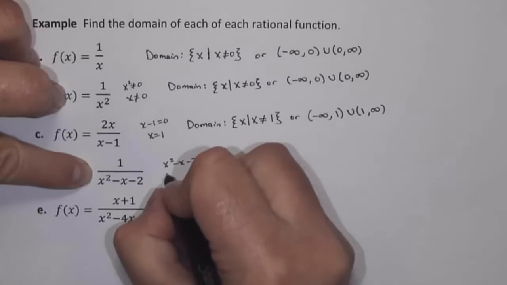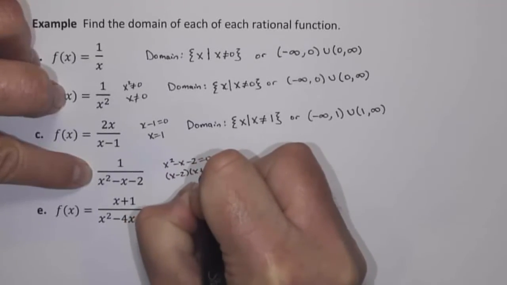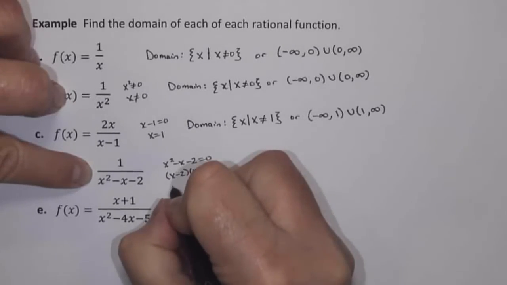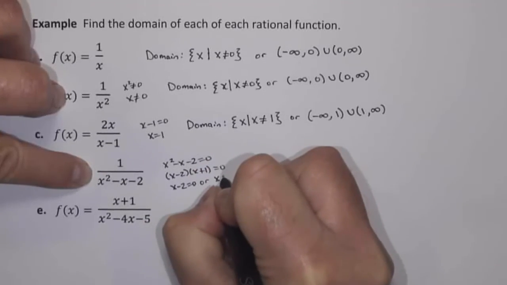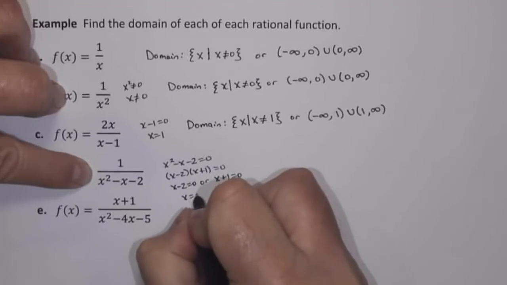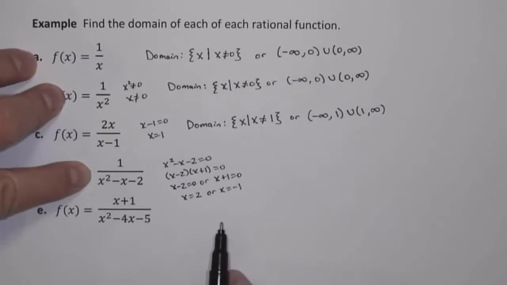In this case, this will factor into x minus 2 times x plus 1. So by the zero product principle, that means that either x minus 2 equals 0 or x plus 1 equals 0. So x equals 2 or x equals negative 1.